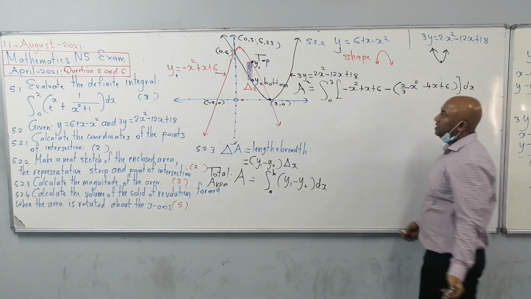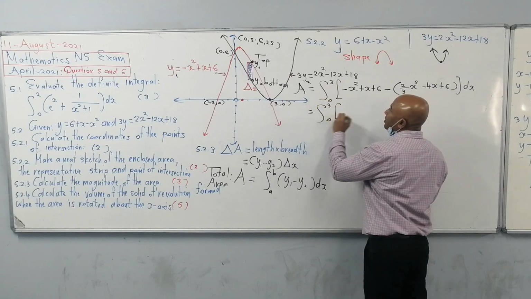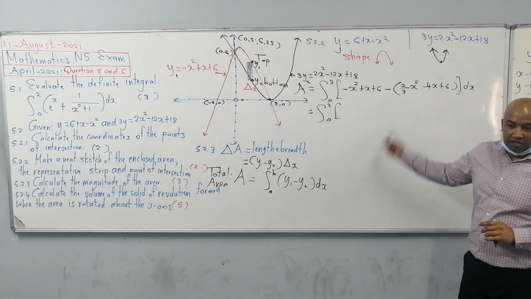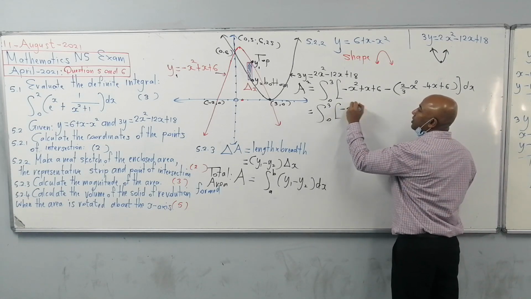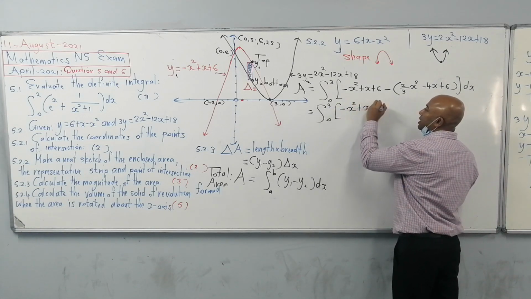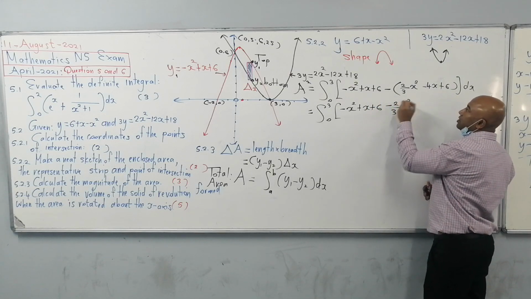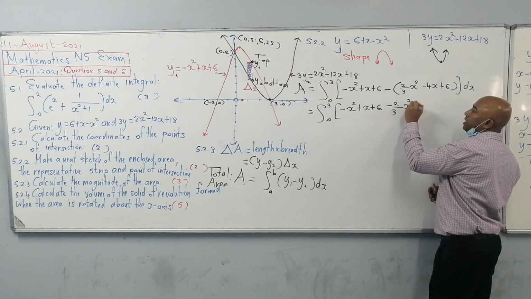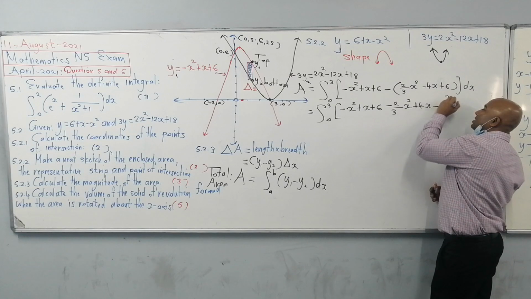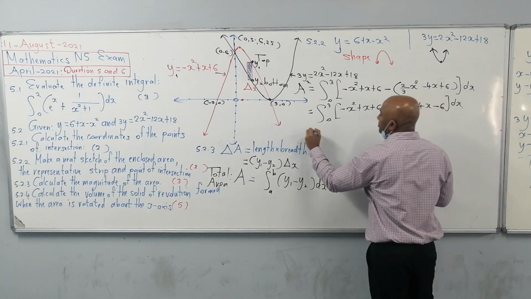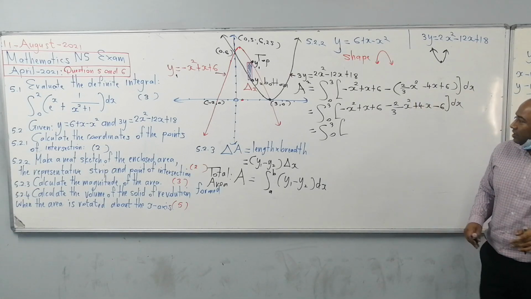And now it's just all about simplifying. We definitely do not need any formula sheet to integrate this. But let's simplify it first. So that's going to be minus x squared plus x plus 6, minus 2 over 3 x squared, minus times a minus is a plus 4x, a negative times a positive is negative 6. You can integrate, or I'm just going to simplify further to make it simple on the board.